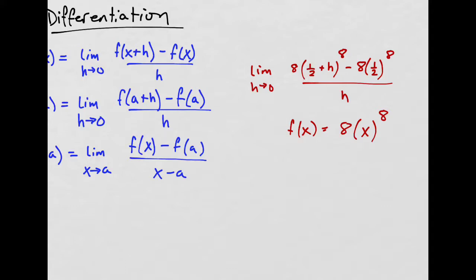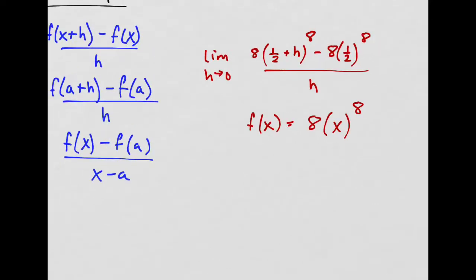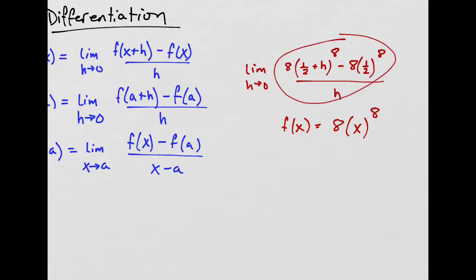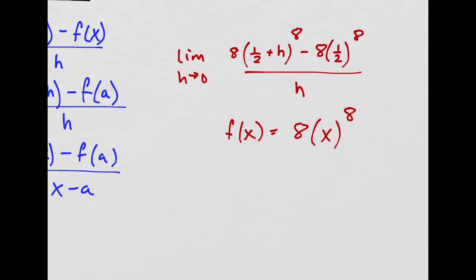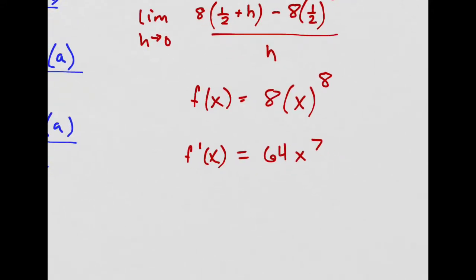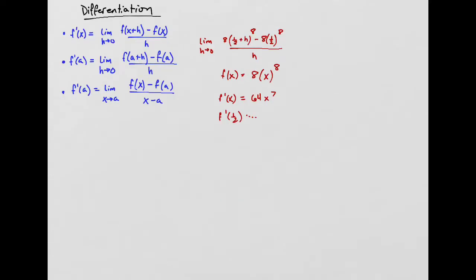Then I have the plus h. So instead of actually evaluating this limit, I could just take the derivative, f prime of x, and plug in 1/2. So I would have 64 x to the 7th, right? That's using the power rule. And I would evaluate that at 1/2 because that's what a is. And I could figure that out.